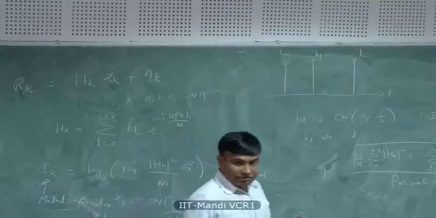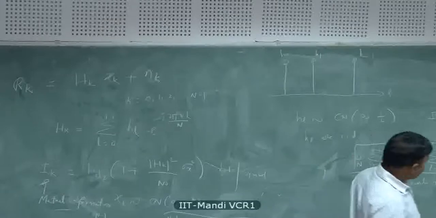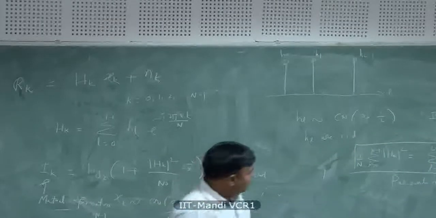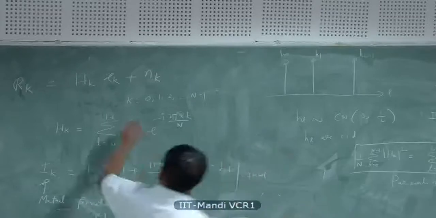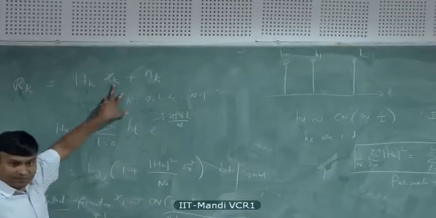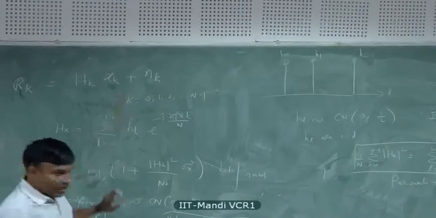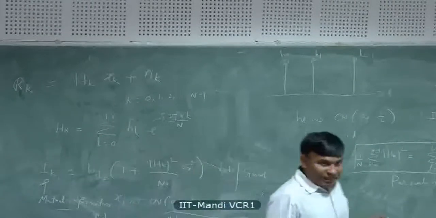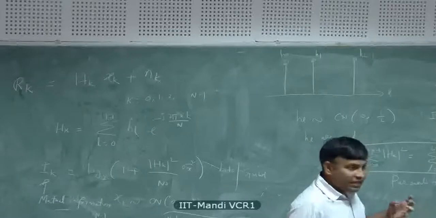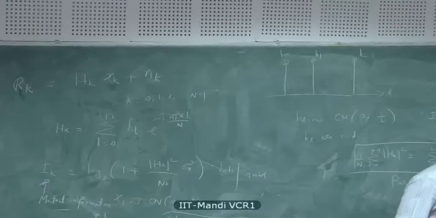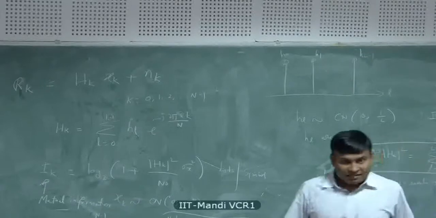Then you may ask why we are interested in this metric. Well, this metric is very useful because if I can send different x_k on different subcarriers, and at the receiver, by some means, we get an equivalent SNR close to this, then that's a good thing.